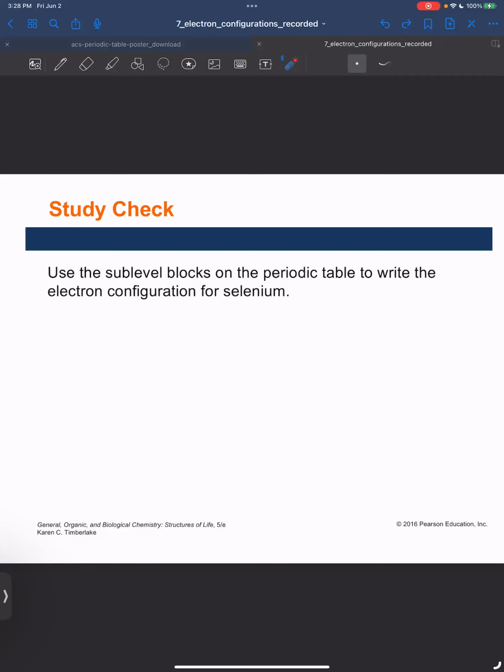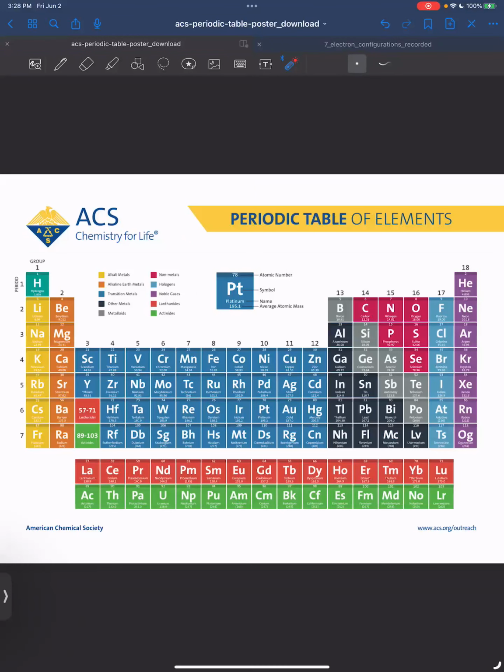All right, first things first, let's find selenium on the periodic table. Atomic number 34, which means it has 34 electrons. I'm going to do the long version of electron configuration, and then we can do the short abbreviated version afterwards. So I'm going to walk through it.